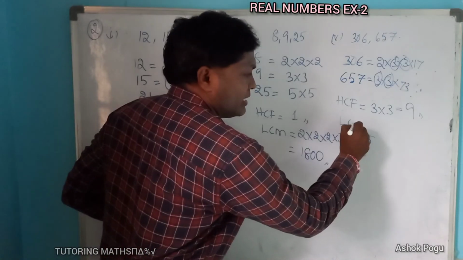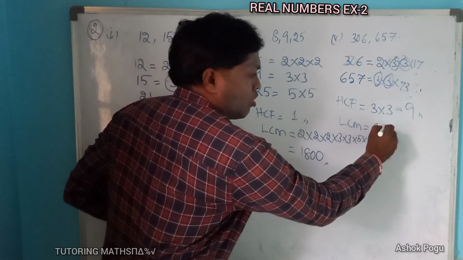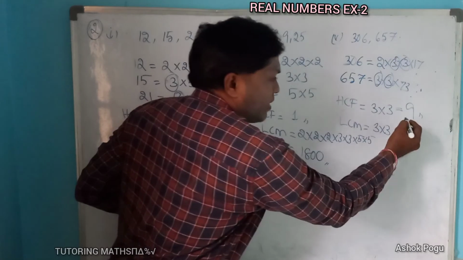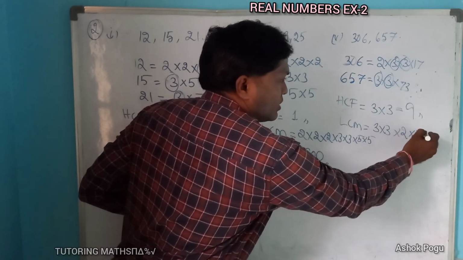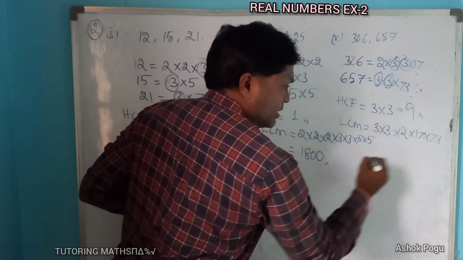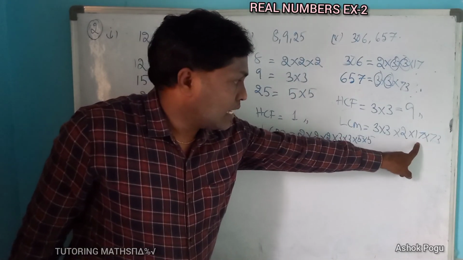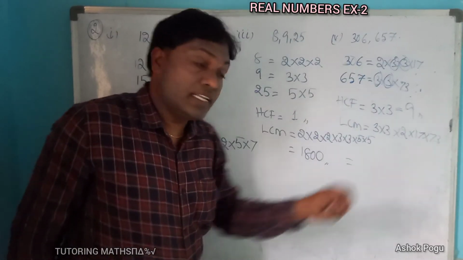And what would be the LCM? The two common factors and the remaining factors. What are the remaining factors? 2 into 17 into 73. Just multiply them. 3 3s are 9, 9 2s are 18. 18 into 17 into 73.